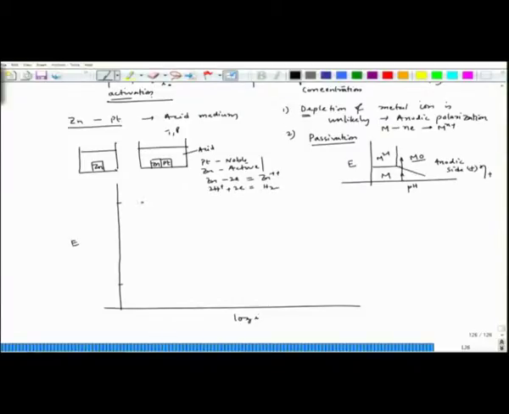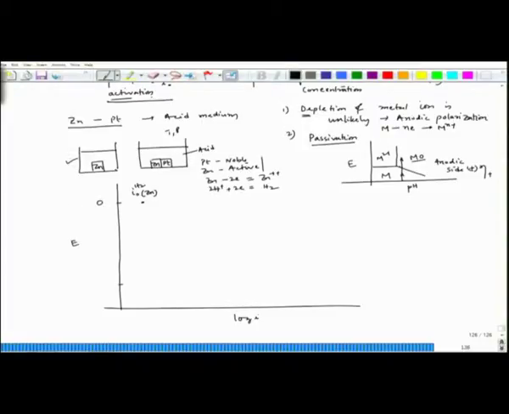Now this is I0 for H2 gas evolution, let us say on the zinc surface. This is the case we are considering now.